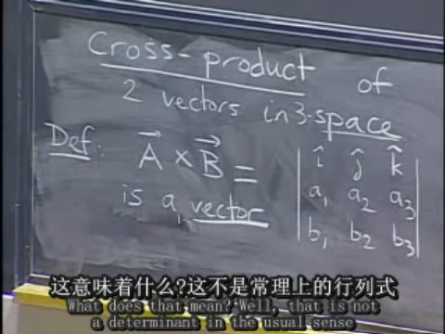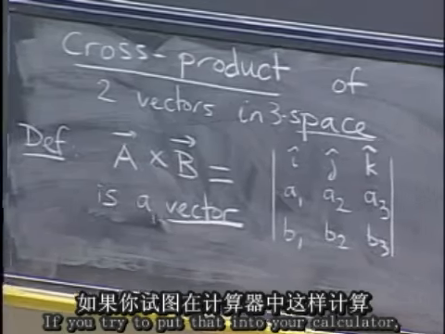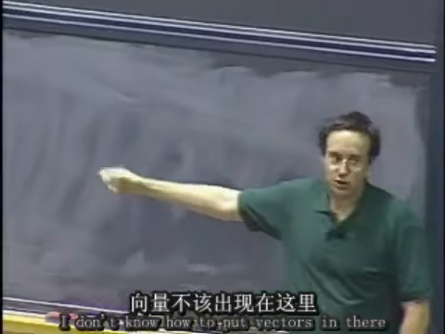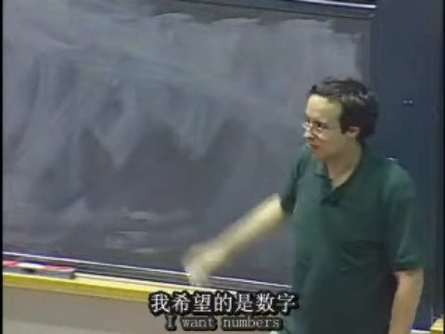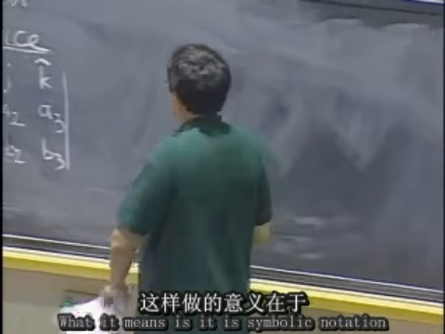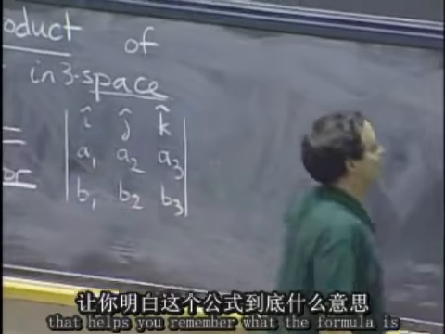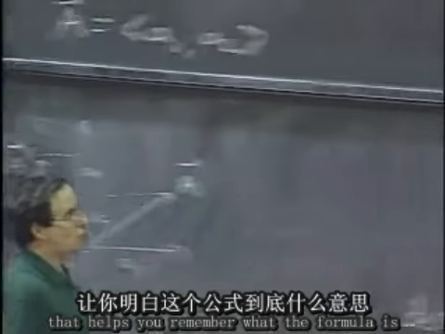What does that mean? Well, that certainly is not a determinant in the usual sense. If you try to put that into your calculator, it will tell you there's an error, I don't know how to put vectors in there. I want numbers. What it means is it's a symbolic notation that helps you remember what the formula is.